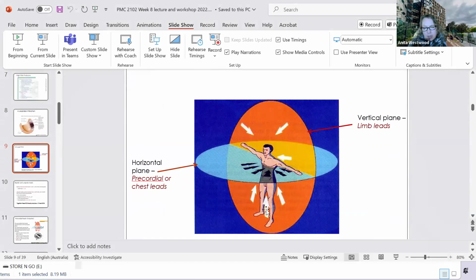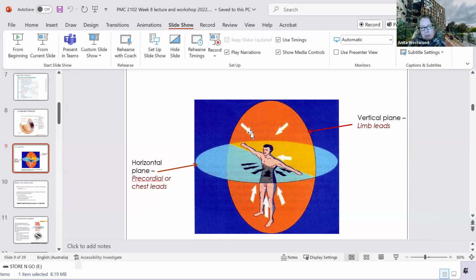You can imagine this middle bottom arrow that's white is effectively limb lead 2. We know where the heart is in the middle of the chest, so the conduction is going to travel towards limb lead 2, which is why we get the greatest deflection for limb lead 2. Either side of that, we've got lead 3 and AVF. So the conduction is moving down this orange circle towards the foot, and that's why we call it inferior.